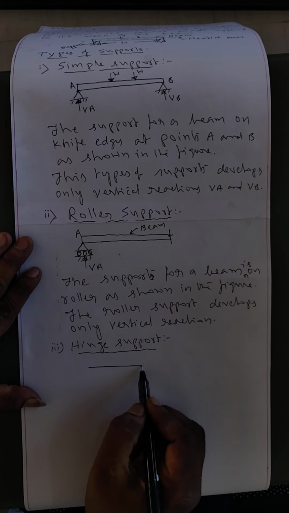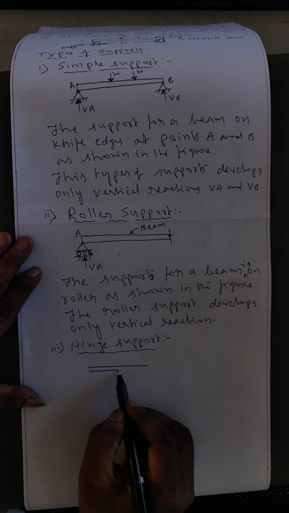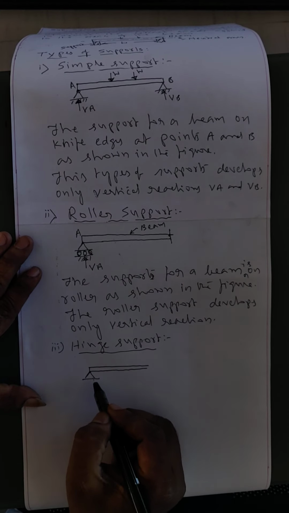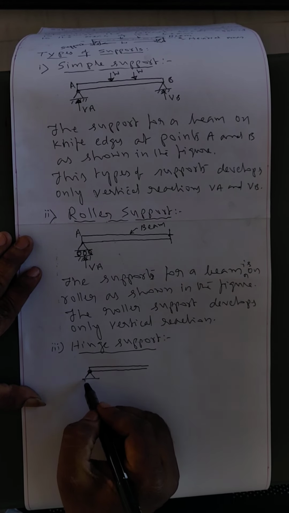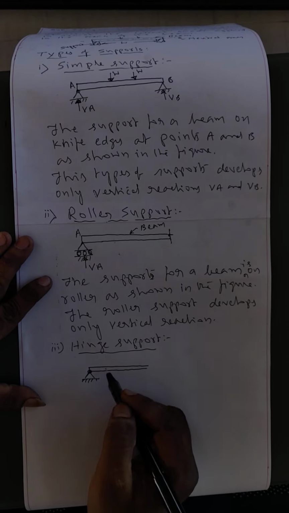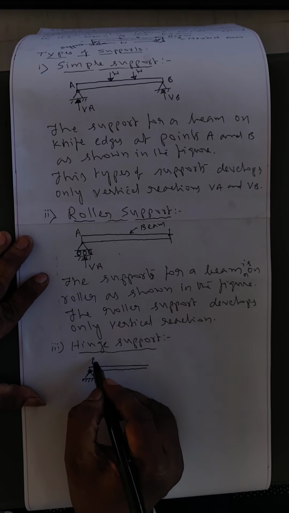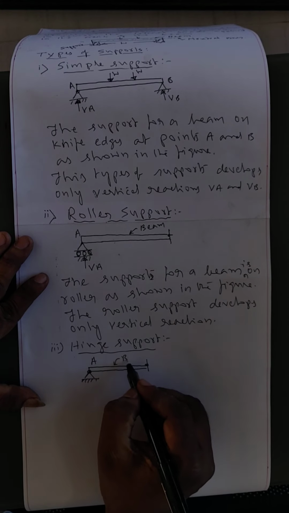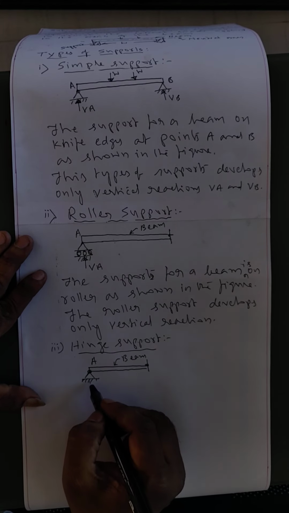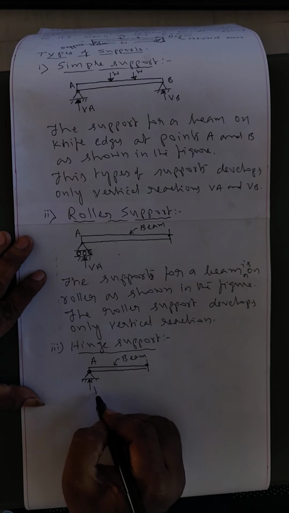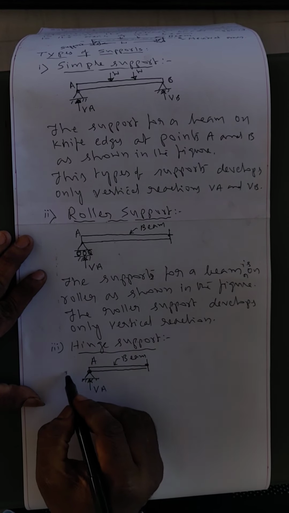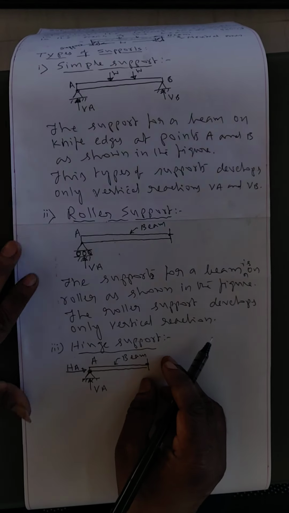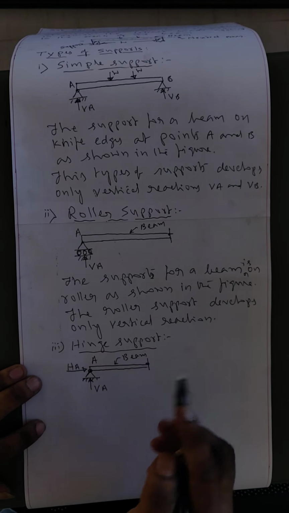This is the beam. The hinge will be represented like this. Here one circle, and it is like this, the representation of the hinge support. This is A. This is the cut section of the beam. It develops two reactions, VA and HA. Horizontal reactions also develop.